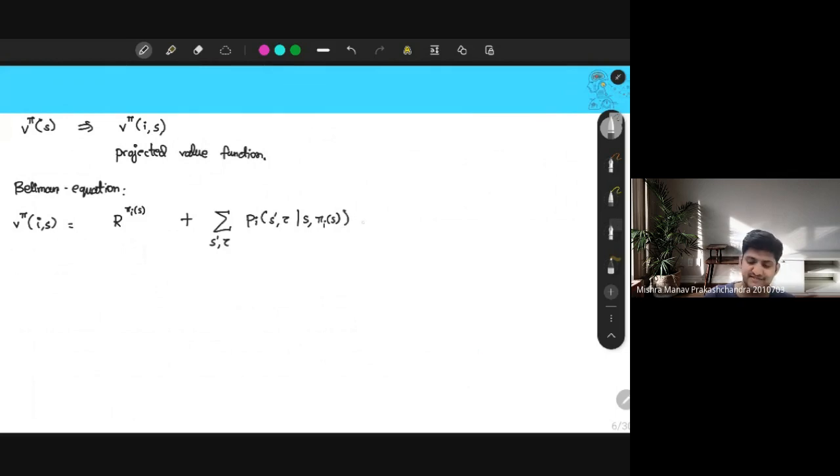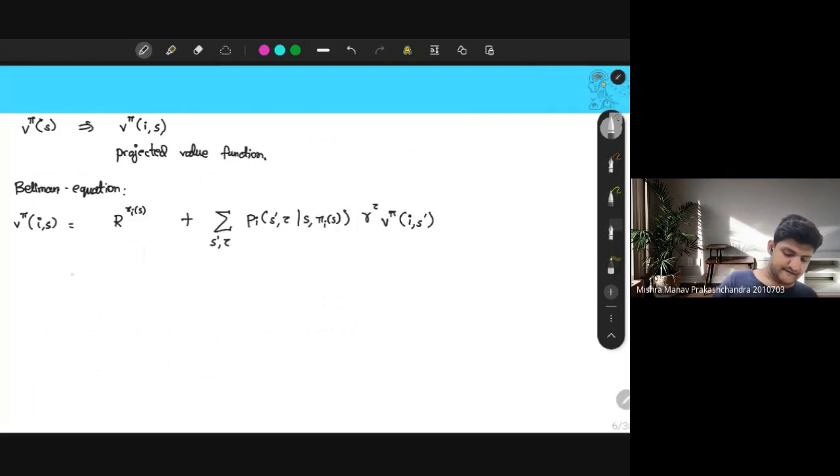Times gamma to the tau of, not R but rather, V pi i comma S prime. So this is the Bellman update rule for the projected value function.